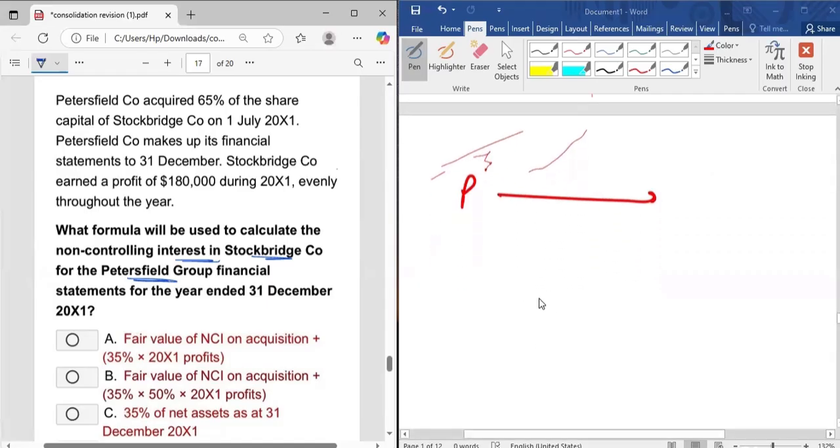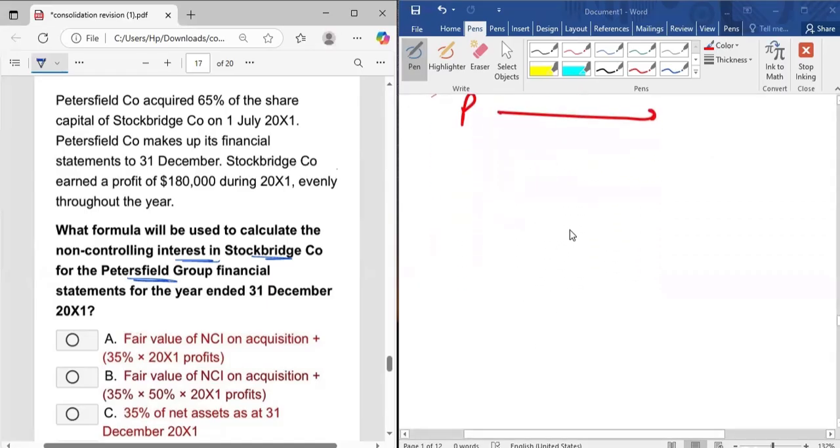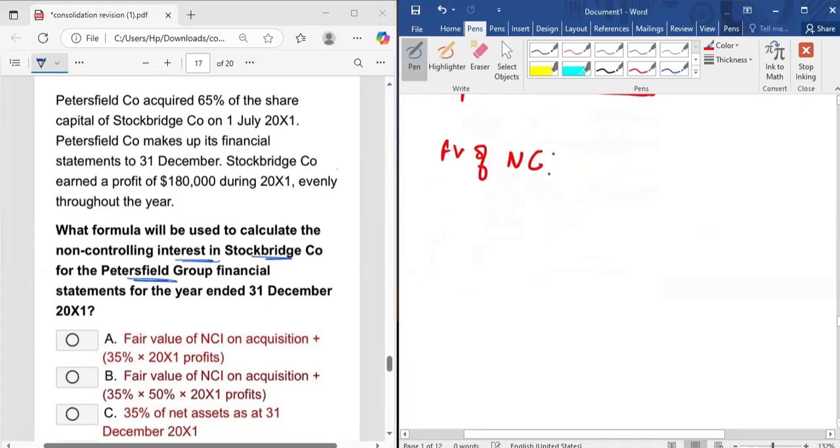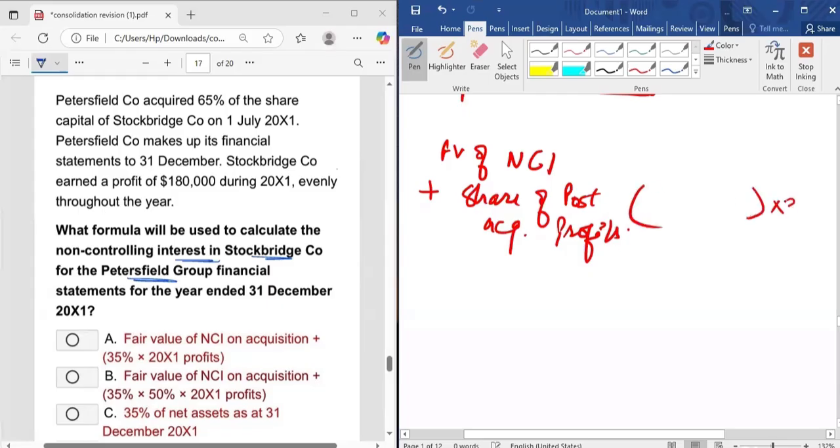So what is the formula for calculating NCI? At the reporting date, it is the fair value of NCI plus share of post-acquisition profits. Peterfield has acquired 65%, so it means we will take 35% of this.